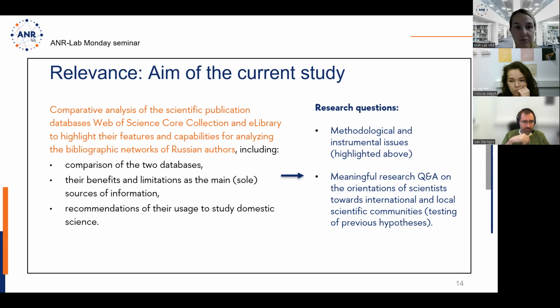It looks like these two different databases, one international, another domestic, can be seen as showrooms of different communities. And it looks interesting to compare how well we are presented in the domestic sphere and the international sphere, and if there are any differences between those who are publishing here and there.